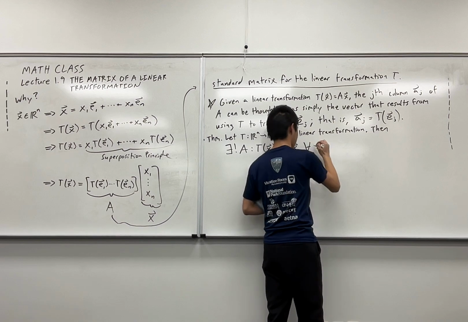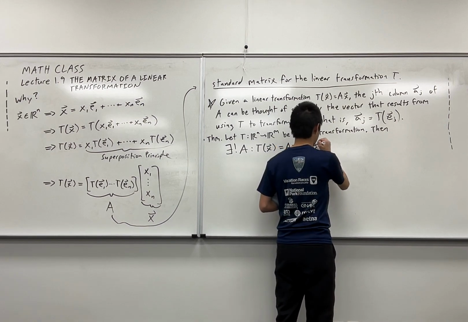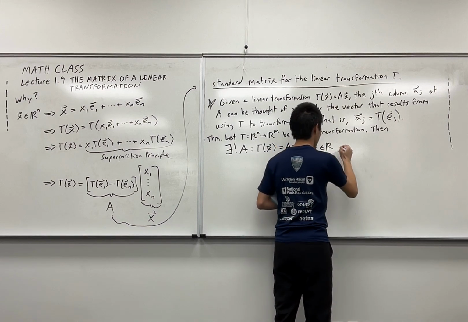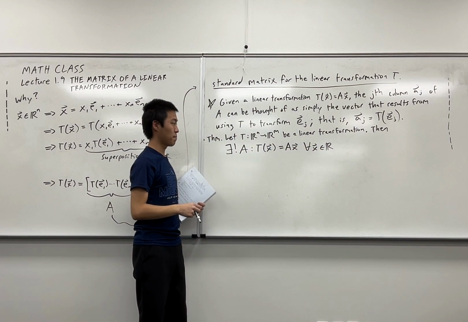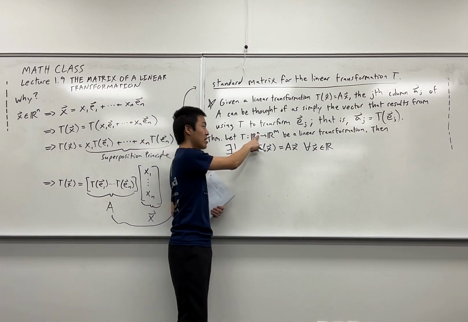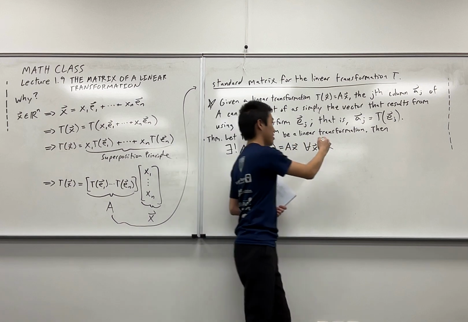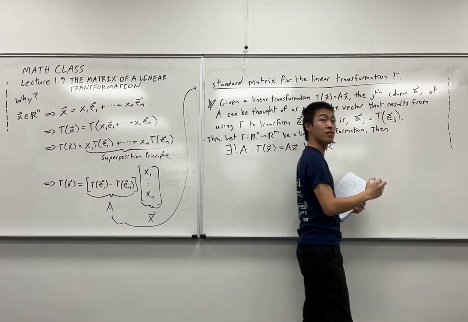T of x, so if I transform a vector x and I define that with Ax, for all vectors x in R, which one am I putting here, n or m? n. Why is it n? Because I need it to be defined here. Scott, what's the exclamation point mean?